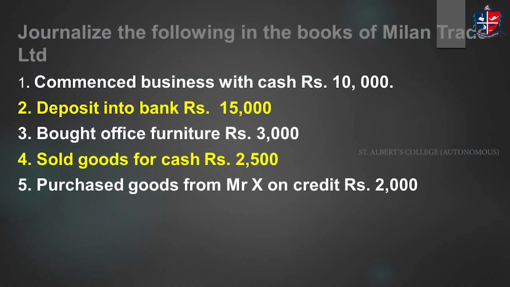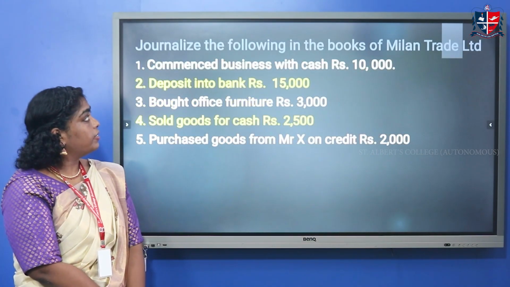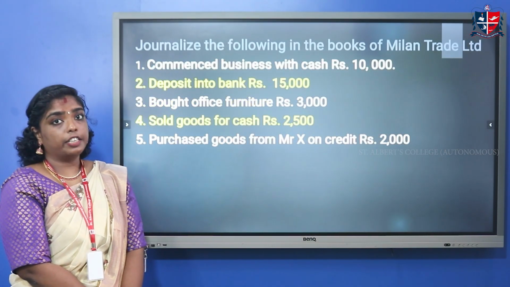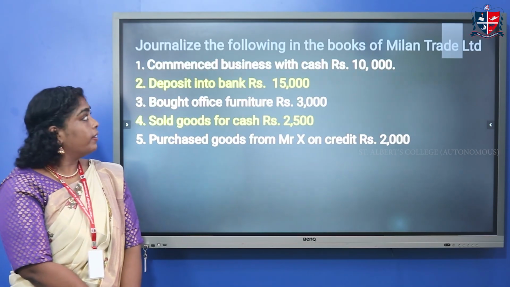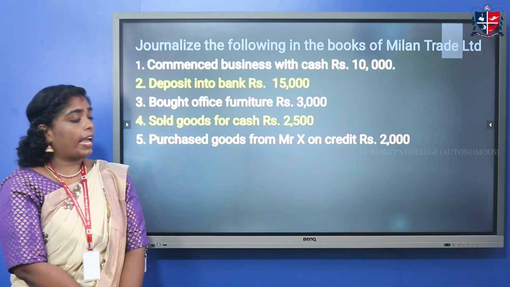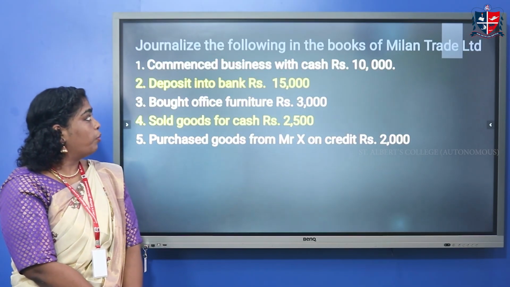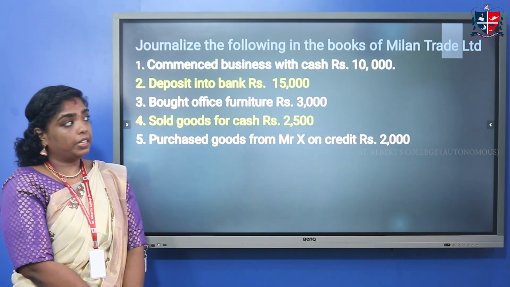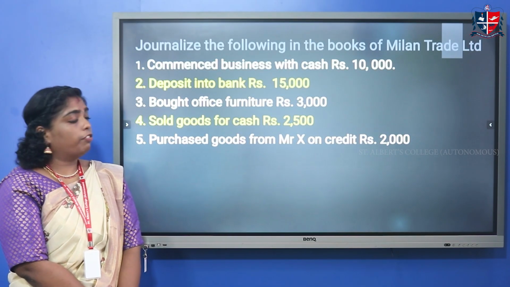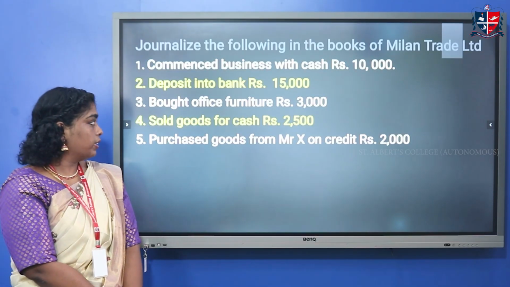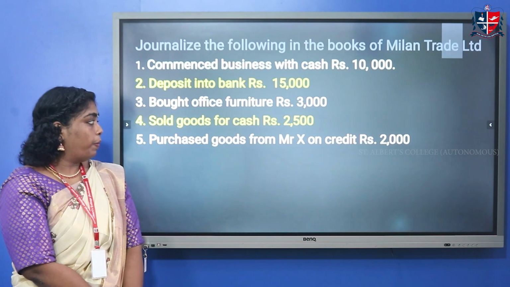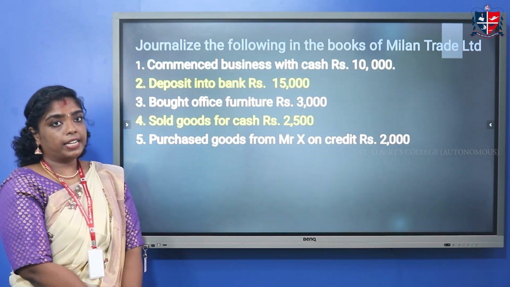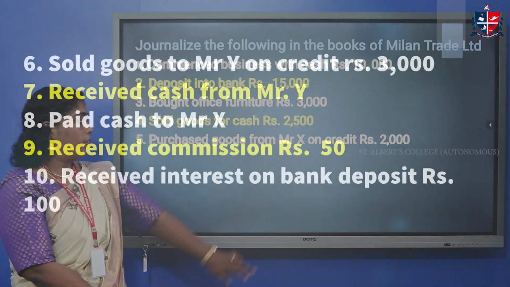And let's discuss a sample transaction of a company. That is, journalize the following transactions in the books of Mill and Trade Limited. And the entries you can see: commenced business with cash ₹10,000, deposited into bank ₹15,000, bought office furniture ₹3,000, sold goods for cash ₹2,500, purchased goods from Mr. X on credit ₹2,000.